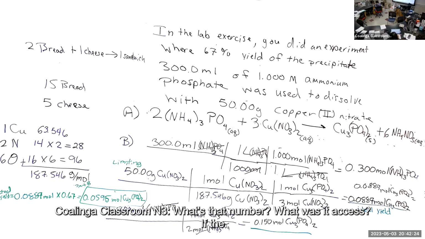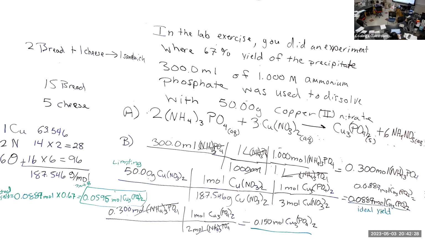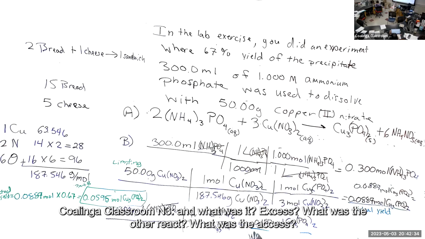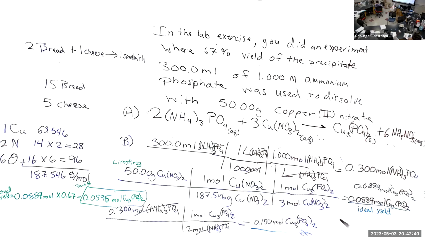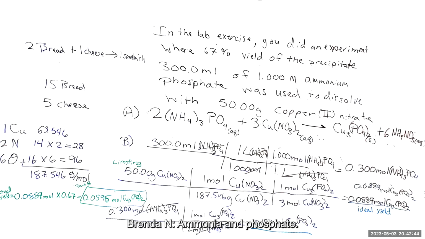What's left over? What was in excess? If the copper nitrate was limiting, then what was in excess? What was the other reactant? The ammonium phosphate.